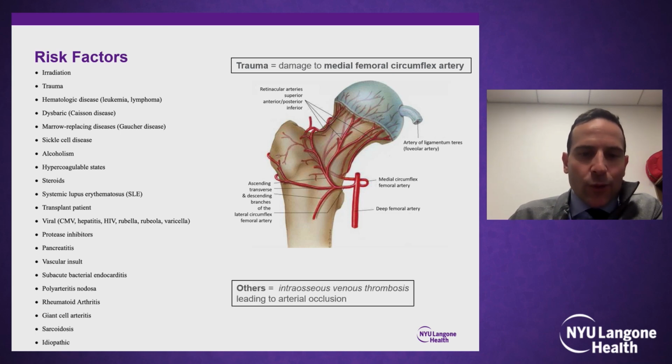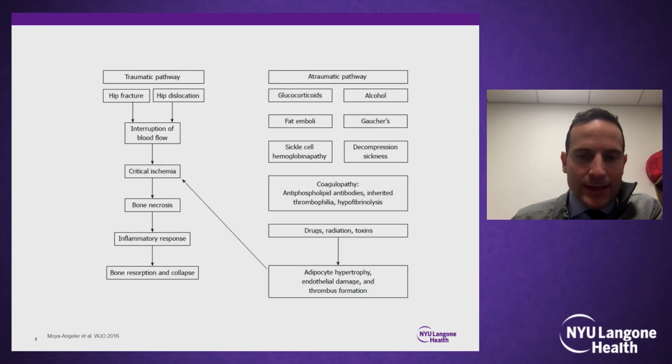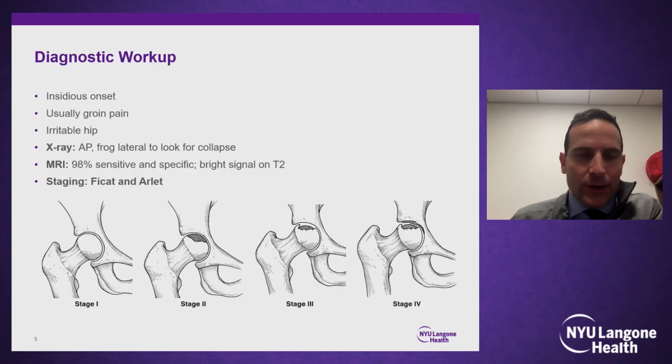And then the atraumatic ones, in some form or another, create intraosseous venous thrombosis. So some kind of thrombotic event that eventually leads to arterial occlusion and then death of the femoral head bone. So again, looking at the different pathways, they both sort of end at the same point, which is lack of blood to the femoral head, and that leads to varying degrees of bone death.